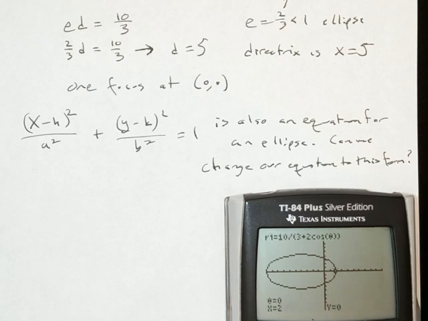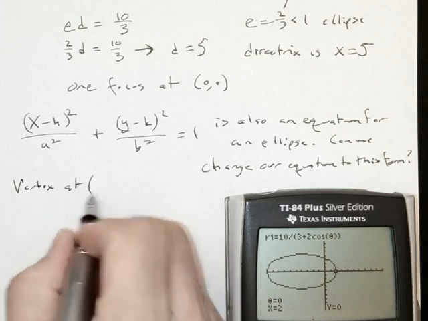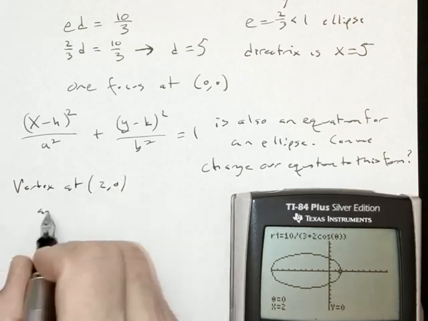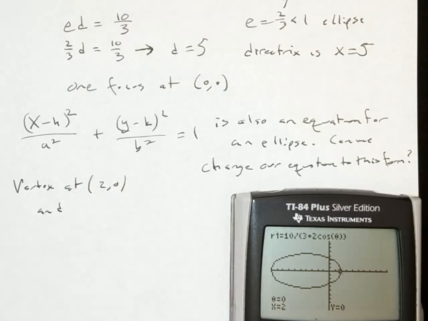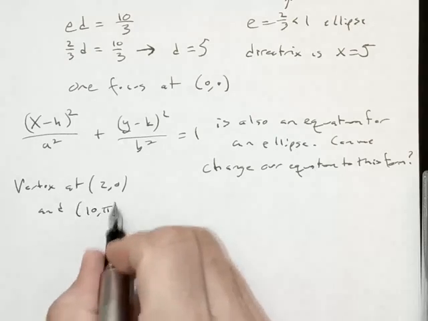And it tells me that point is 2, 0. There's another vertex. At what angle? Pi. So I hit pi for an angle, and it tells me that's the point -10, 0. In xy, or in polar, it would be at 10 pi.